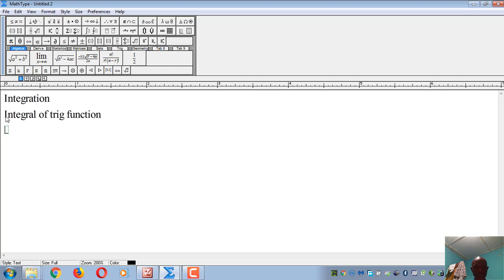Now the first one, let's imagine we are given sine x dx. The integral of this becomes minus cos x plus c. Now cos x dx is equal to sine x plus c.